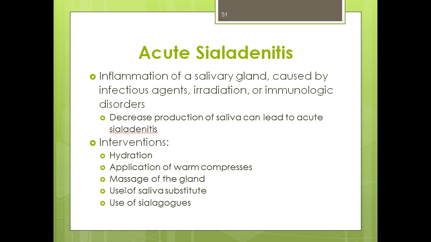Acute inflammation of the salivary gland caused by infectious agents may result, or if they have some type of radiation or immunologic disorder, they may have problems with the salivary glands.